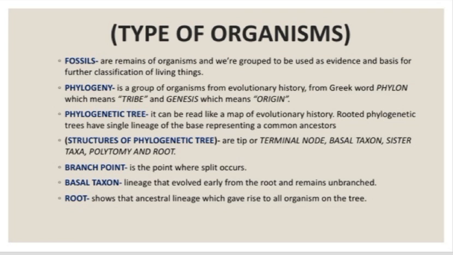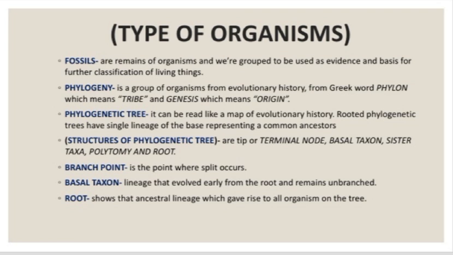Phylogeny is the evolutionary history of a group of organisms, from the Greek words phylon, which means tribe, and genesis, which means origin. Phylogeny means the evolutionary history of a group of organisms. Third is phylogenetic tree. It can be read like a map of evolutionary history.